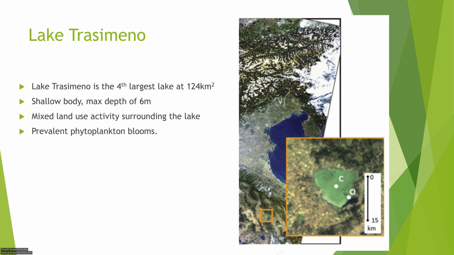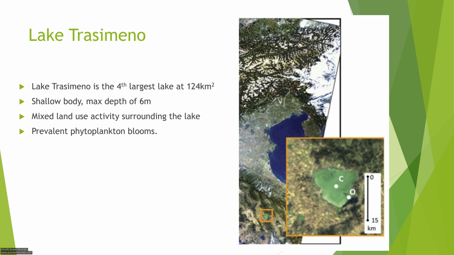Lake Trasimeno, in comparison, is less than half the size of our first lake, and it comes in at 124 kilometers squared. It's a relatively shallow body of water with a max depth of 6 meters at its deepest point.